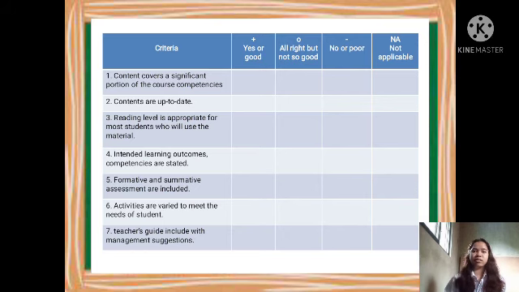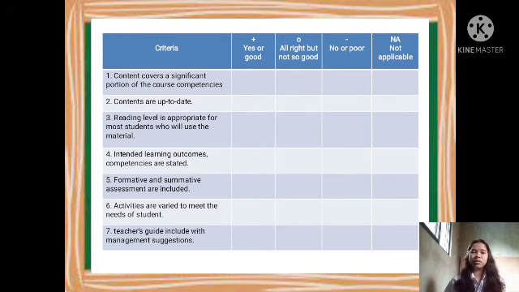Second criteria, contents are up to date. Third, reading level is appropriate for most students who will use the materials. Fourth is intended learning outcomes, competencies are stated. Fifth, formative and summative assessments are included.